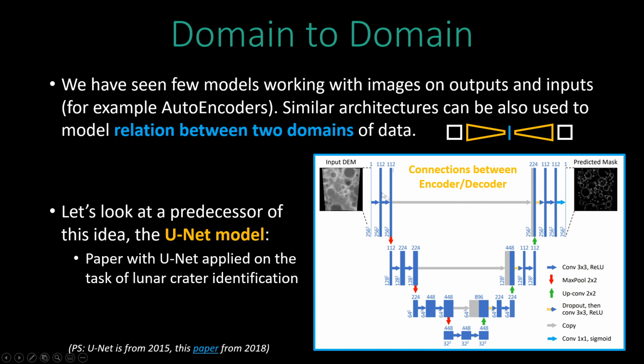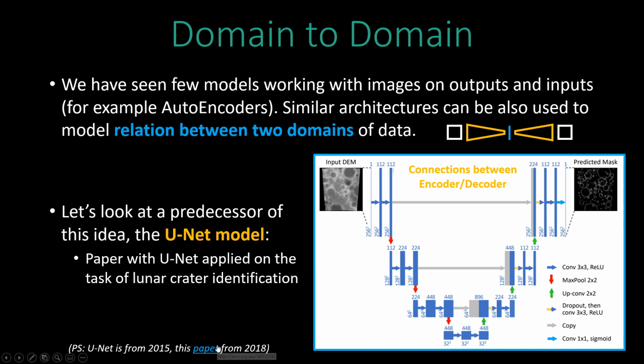So if there is some translation that should happen at this resolution, it will probably be learned with these layers. Whereas if there is something that should happen at a more high-level conceptual level, that would happen somewhere down in the model. Okay, so from practical use, it's an interesting model to look at.